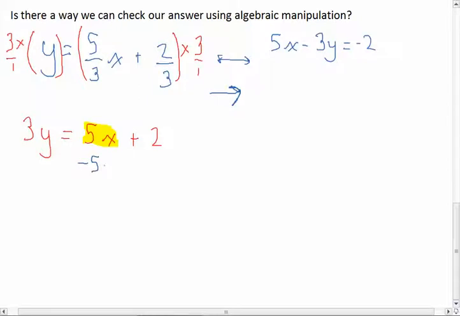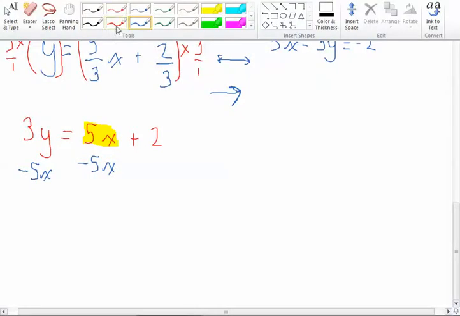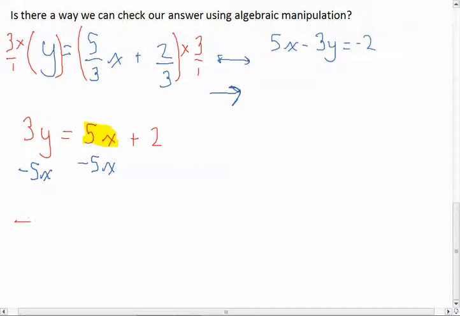And that's an important thing to remember. To get rid of entire terms, you either add them or subtract them. To get rid of coefficients or variables that are attached, that's when we use division. So that's where the different ones come into play. So here, this is going to leave me with 3y minus 5x is equal to positive 2.